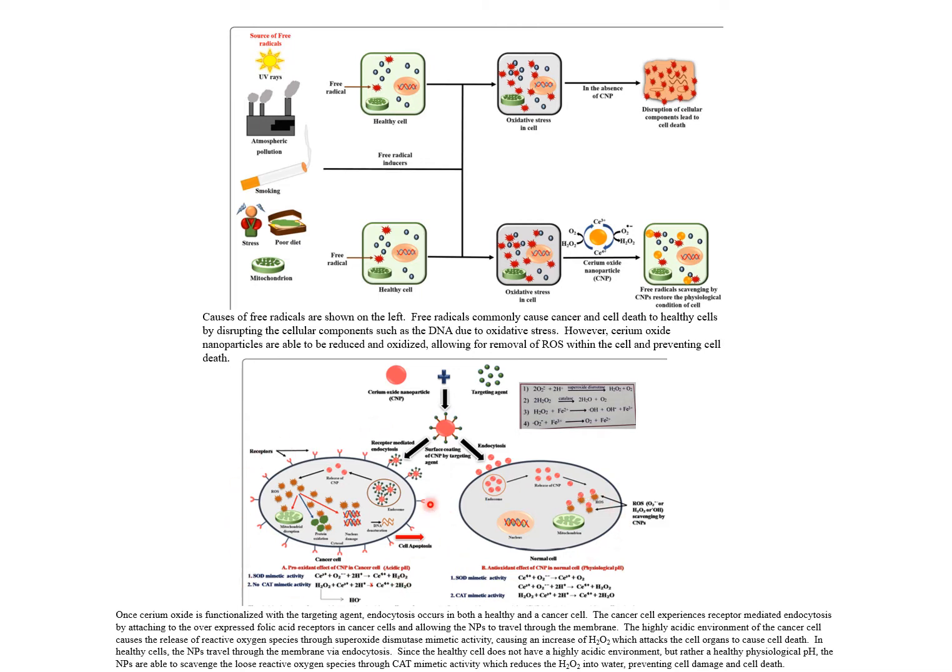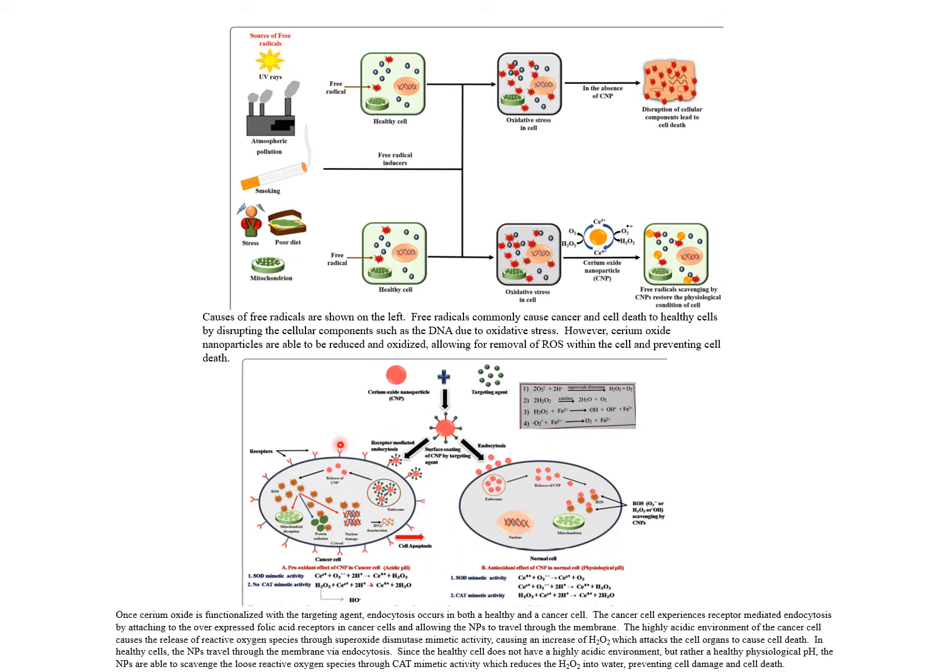However, over here in the cancer cell, it has overexpressed folic acid receptors. So the nanoparticle enters the cell through receptor-mediated endocytosis. The superoxide dismutase mimetic activity takes the reactive oxygen species to produce H2O2 as over here.